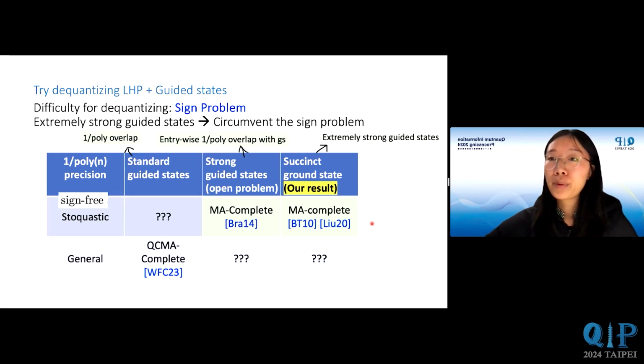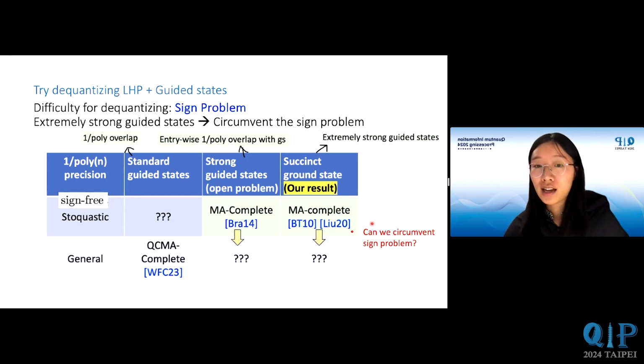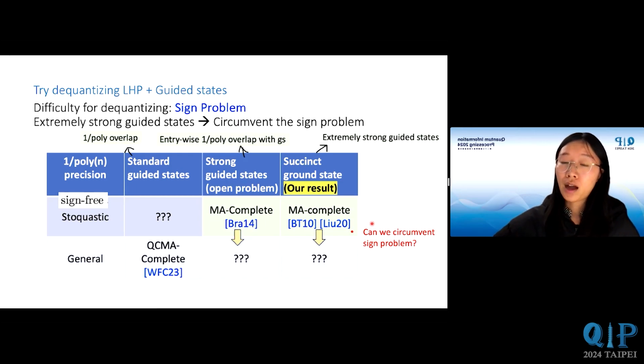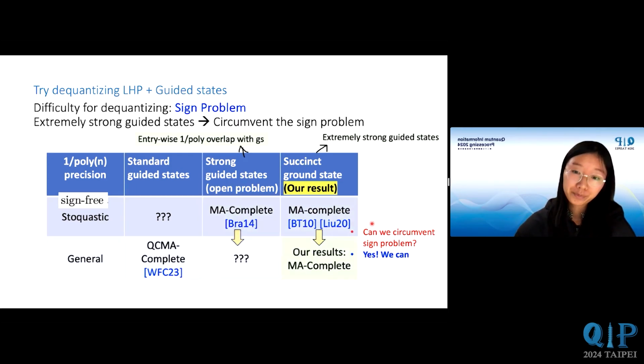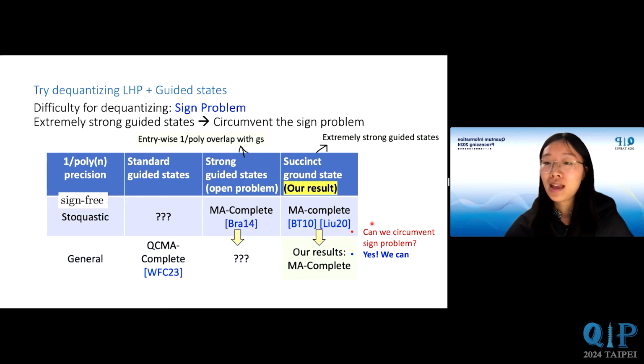Previously, the open question was, can we circumvent the sign problem, and generalize those dequantizing results from stochastic Hamiltonians to general Hamiltonians? Our result shows that for the extremely strong guided state, yes, we can. Even for general Hamiltonians, we can prove MA completeness, so we can dequantize the complexity class from QMA to MA.